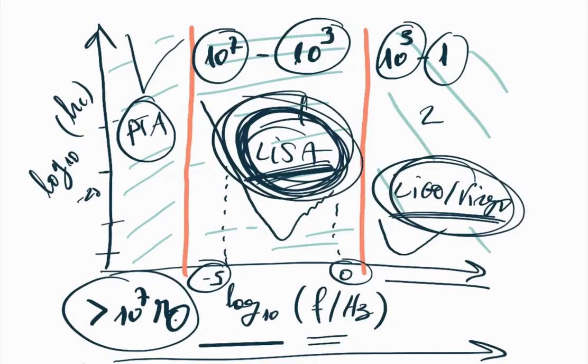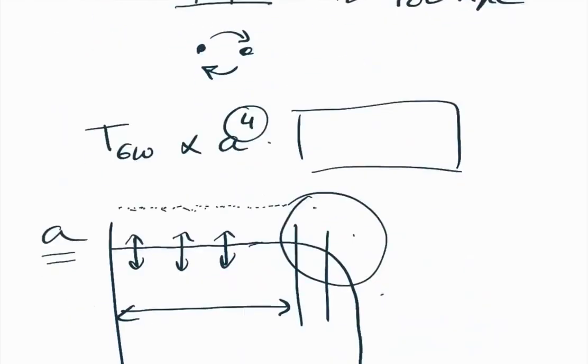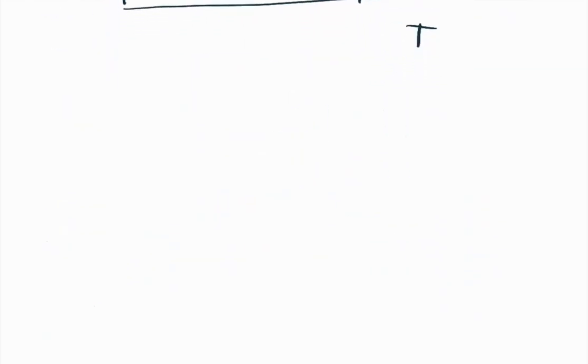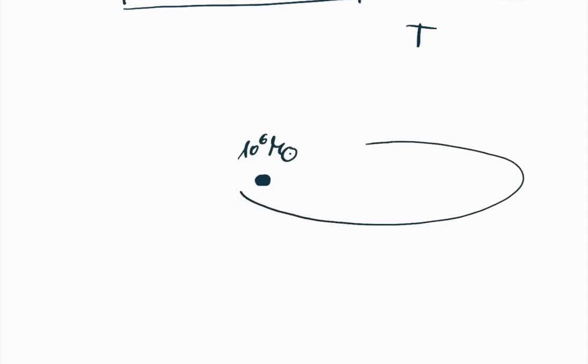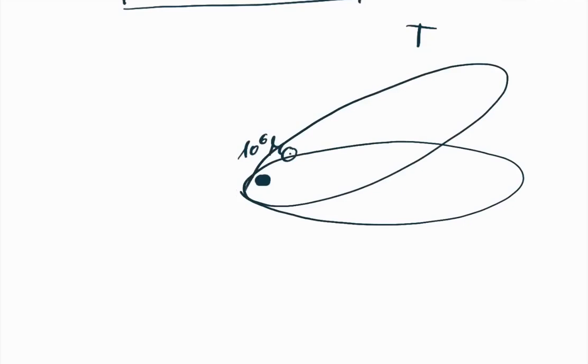And the first reaction is to think, oh, that's amazing. That's very, very nice, right? Well, yes and no. Yes and no, because the point is that, for instance, for the kind of systems that I was talking about before, you have a supermassive black hole of, say, a mass of 10 to the 6 solar masses, and a small black hole moving around it.